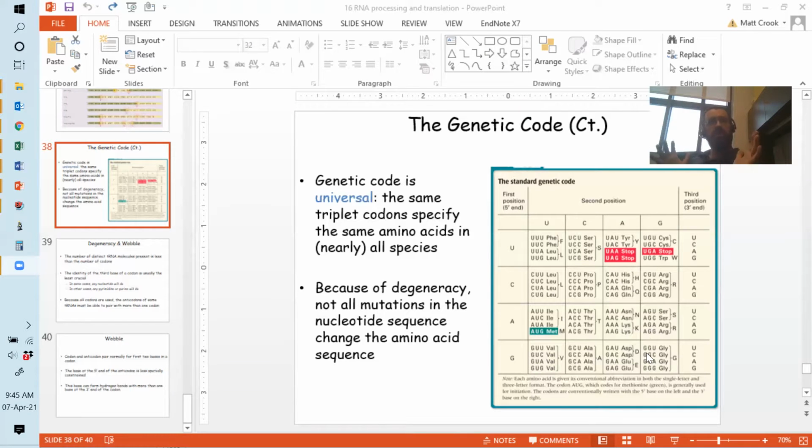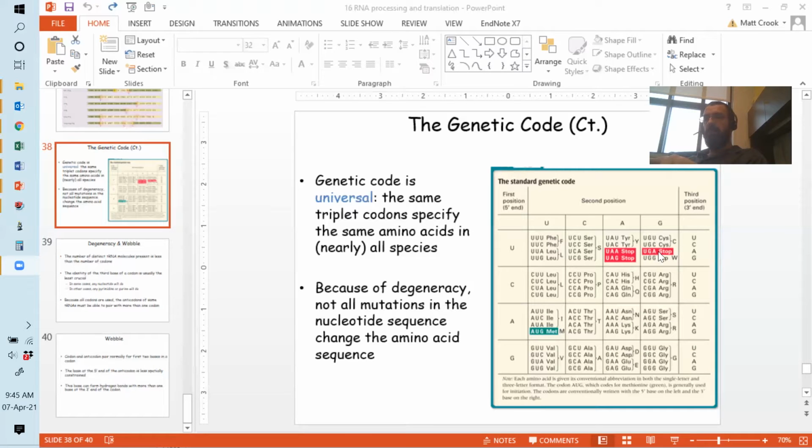Now this varies, right? So don't take it as a given that the third base is just not important at all. If you look at methionine or tryptophan, UGG, it's like UGG boots, it's very, very important that only those 3 bases are recognized. Because if not, then you get all kinds of problems.